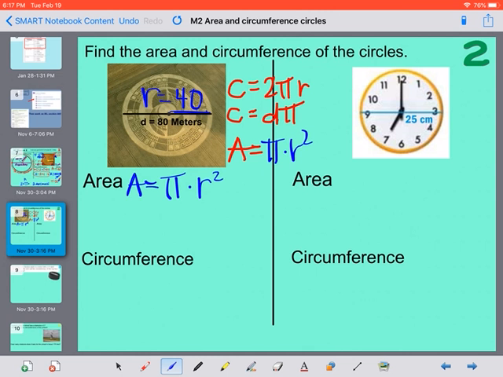My diameter is 80. So instead of r, I'm going to plug in my radius, which is 40. So I'm going to plug in my calculator, pi, multiplied by 40, and then push the little x squared button to get the power of 2. Gives me 5,026, oops, what did I do?